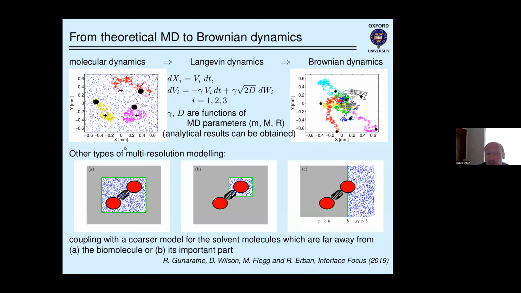You can obviously not just have an interface where the molecule is crossing; if you have a biomolecule, you can ask that just part of the biomolecule is simulated with a detailed model and the rest of it with a less detailed model, or the whole biomolecule is simulated with a detailed model, but far away from the biomolecule you use coarser models. So there are different flavors of multi-resolution modeling in this case.